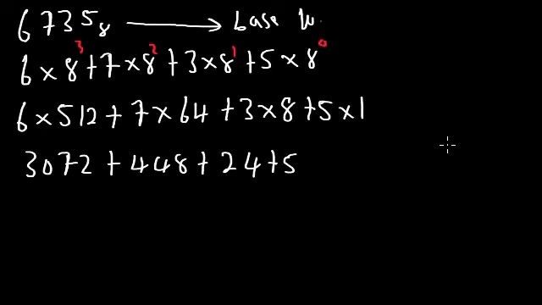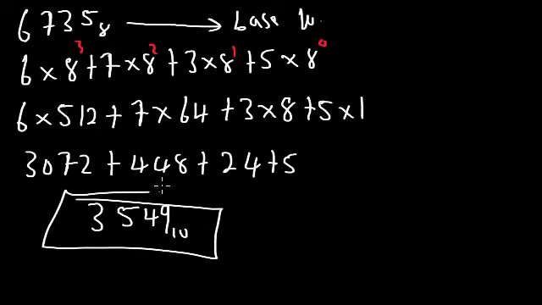So for the final result, I'm just going to add everything together to get the corresponding value of the octal number in base 10. And that turns out to be 3,549 in base 10. And this is the final solution to this problem.